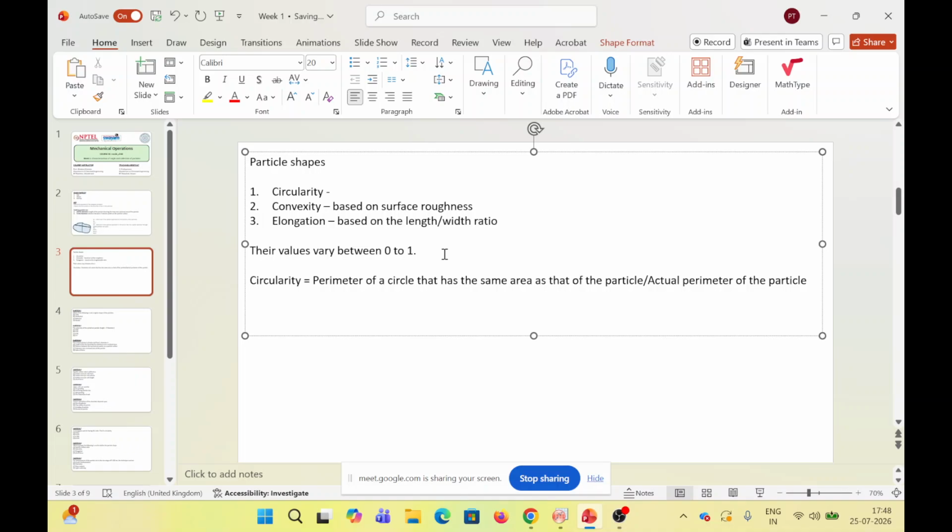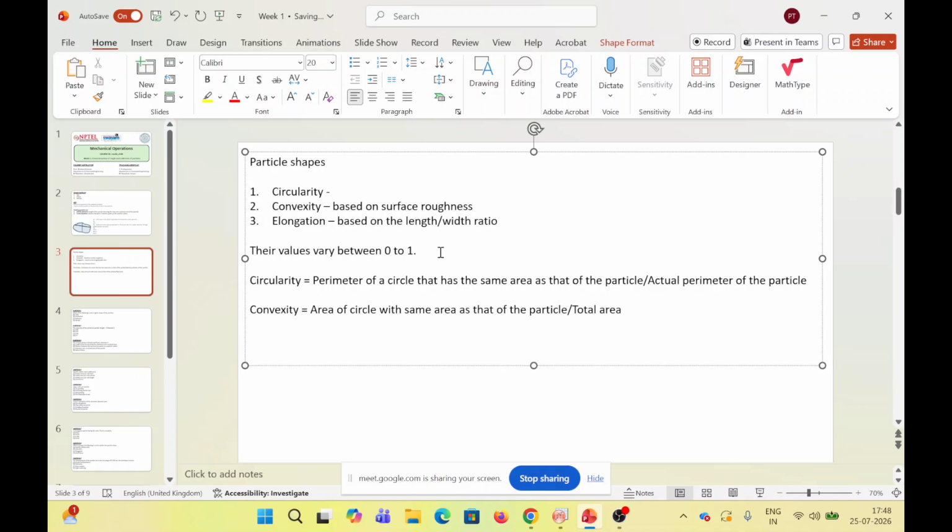Then you come to convexity. Convexity is nothing but the area of a circle with the same area as that of the particle divided by the total area.